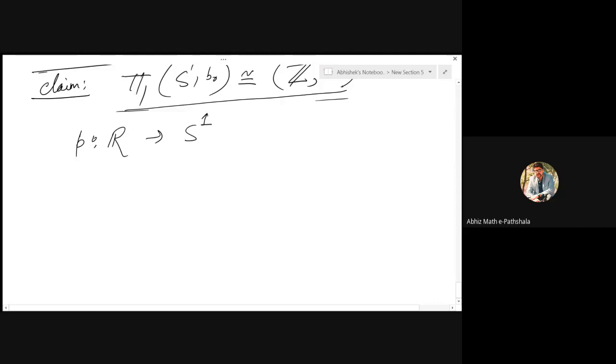So this covering map has been defined as P of t equals e to the power 2 pi i t, where t belongs to R. So this is a covering map.